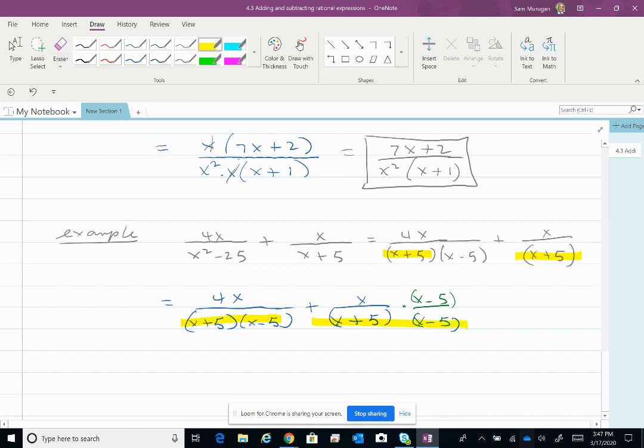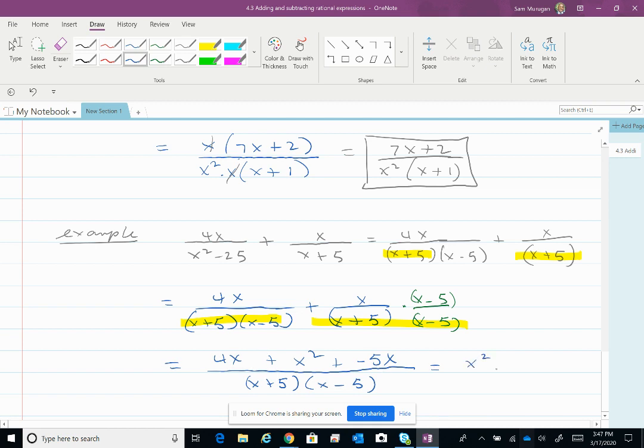So the job now will be just to simply go ahead and keep the same denominator, x plus 5, x minus 5. And on the numerator, we have 4x plus, and we can probably go ahead and distribute here. X times x is x squared, and x times negative 5 is negative 5x, which simplifies to 4x minus 5x is negative x.